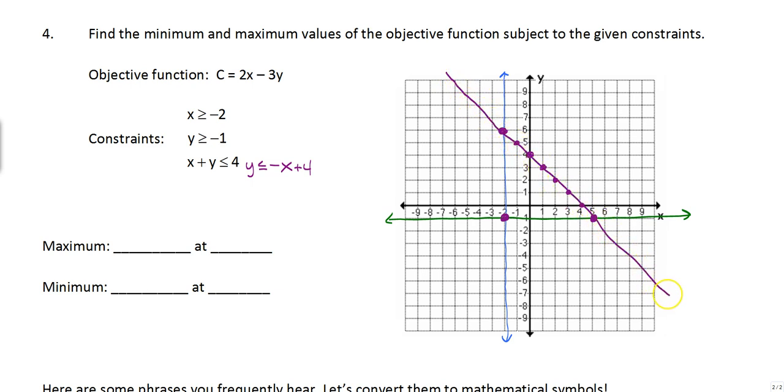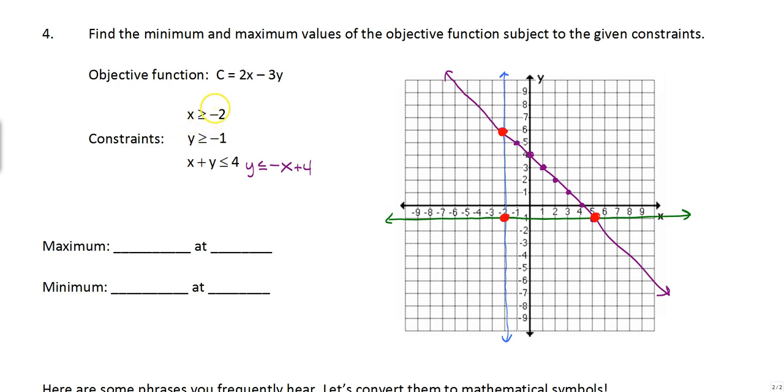But notice I was very, very specific with my slope because the most important part is going to be our shaded feasible region and the intersections of that. So now we need to do a little bit of shading, so it doesn't get as messy. I'm not going to shade super dark like I did earlier.